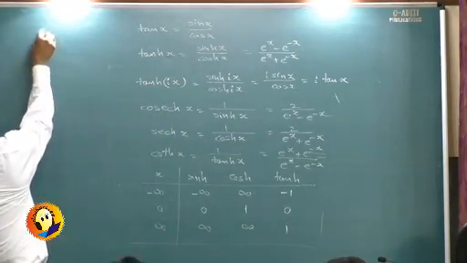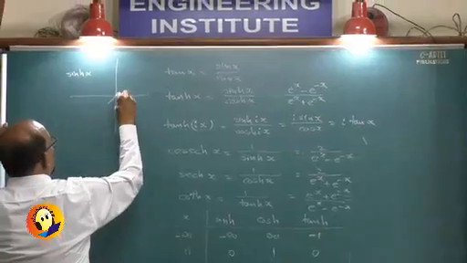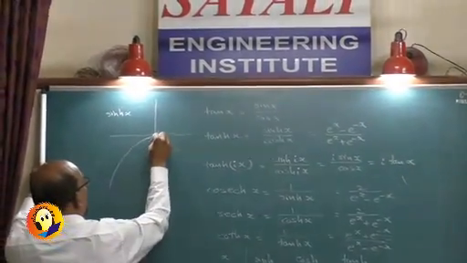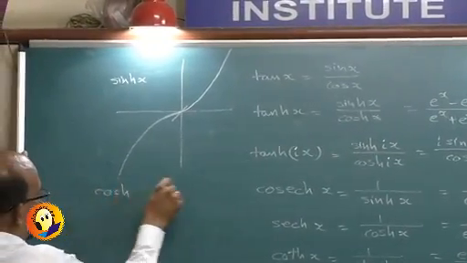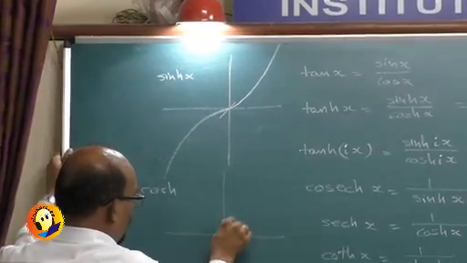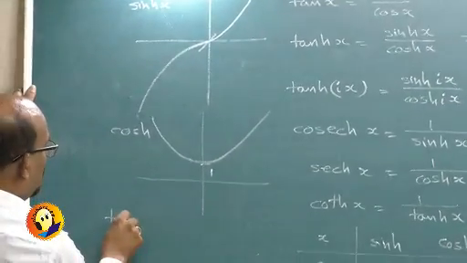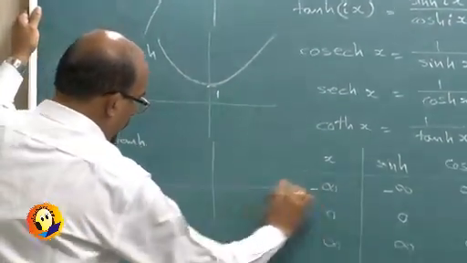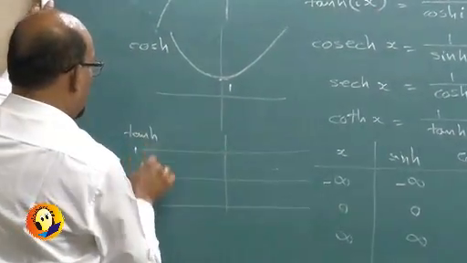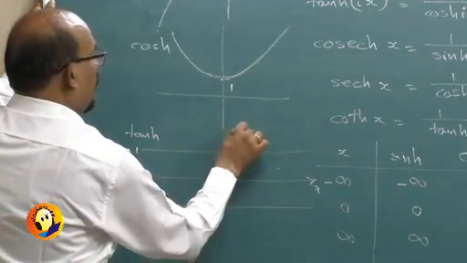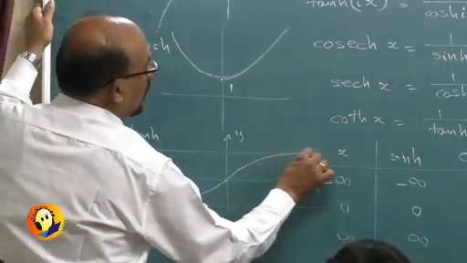Curve for sinh is going to be this. For cosh, the curve is, this is 0, 1, it goes like this. And for tanh you will have to consider this is minus 1, plus 1, this is your x-axis, y-axis. The curve will come asymptotic to minus 1 and will become asymptotic to plus 1.